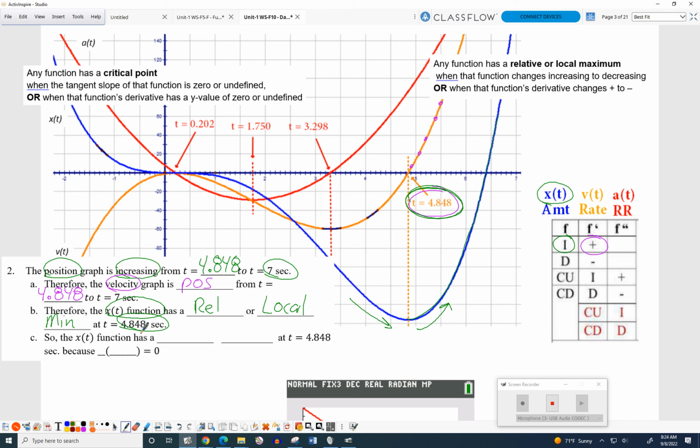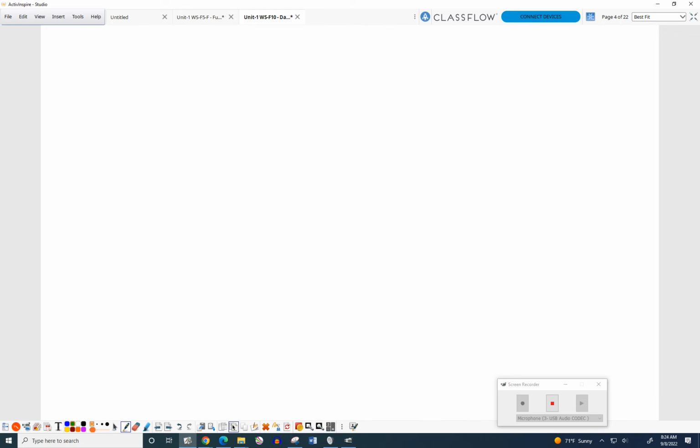We will encounter problems in the future that don't have that shape. They'll do this instead. They'll show a graph that does something like this. We'll call this the position graph.